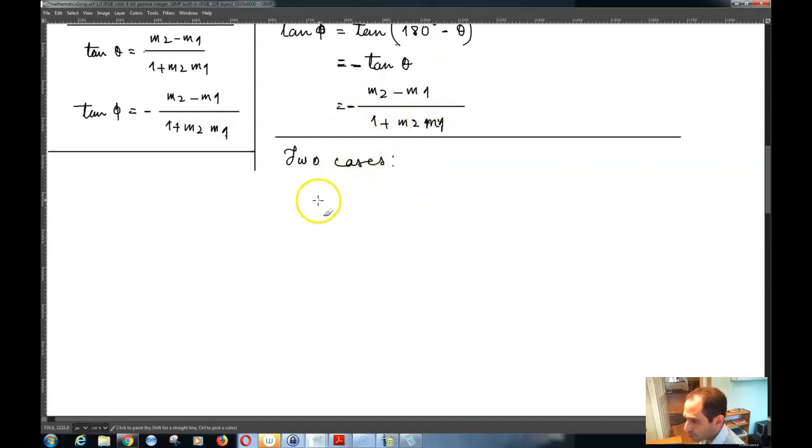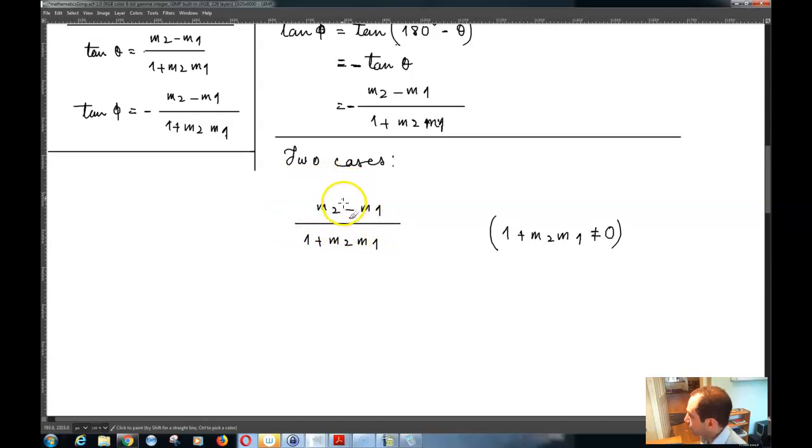Of course, when we write, for example, m2 minus m1 over 1 plus m2 times m1, 1 plus m2 times m1 can never be 0. It can never be 0. But m2 minus m1 over 1 plus m2 m1, the whole ratio or the whole fraction, can be positive or it can be negative.